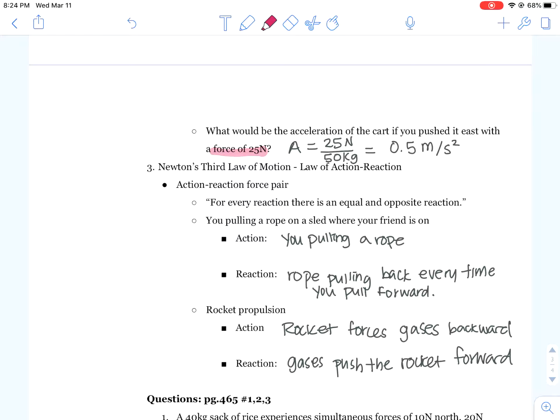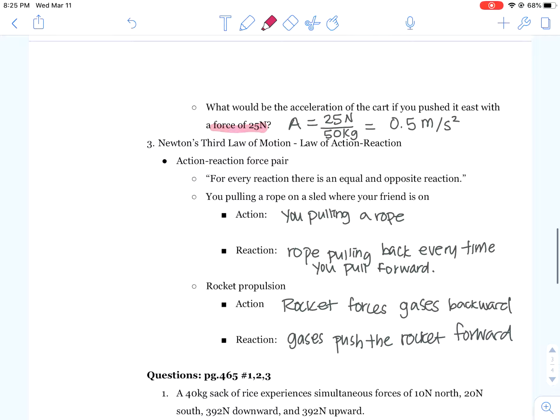And sometimes if you are stronger than your friend's weight or mass in this case, and your force is stronger, you may be able to move your friend forward. But just looking at the rope and your hand, you're going to have the same amount of reaction happening.